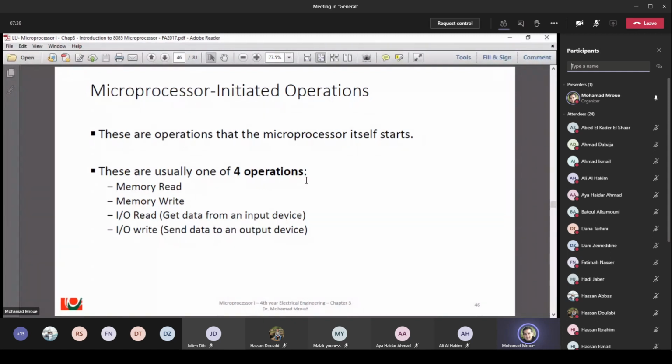Input-output read means to get data from an input device. Input-output write is to send data to an output device. Okay. We'll see the difference in the next slides and maybe in the next chapter when we talk about interfacing. So the difference between memory access and interfacing with an input-output.